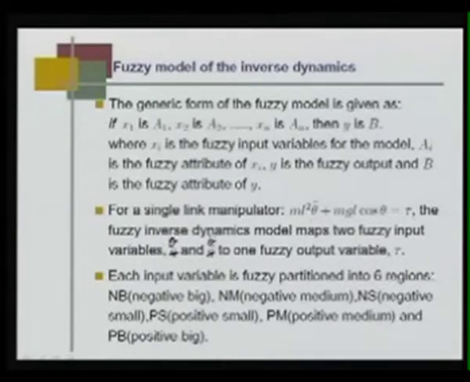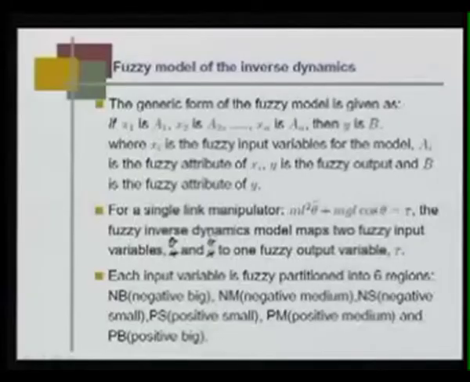Sometimes we represent angular position, velocity and acceleration either in terms of theta or q. So we have two variables here, theta and theta double dot, because we know now that torque does not depend on the other variable, which is theta dot. So, in this particular example, the inverse model depends on two input variables.